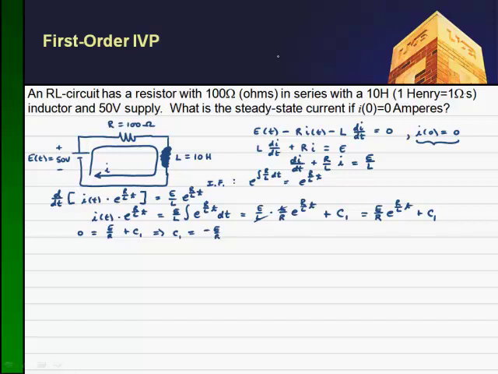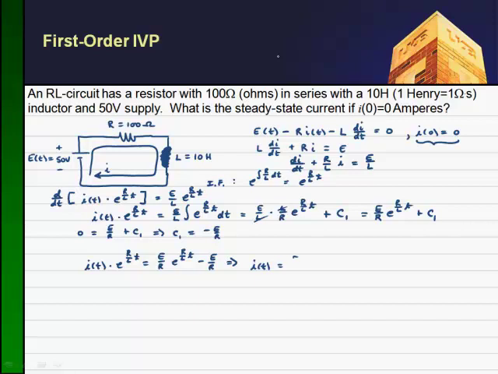And so let's write this out as I of t times E to the R over L t equals, let's see, I have an E over R, just trying to gather all the stuff back together again, E to the R over L t, and C1 is a minus E over R. So let's solve for I of t by multiplying everything through by E to the minus R over L t.